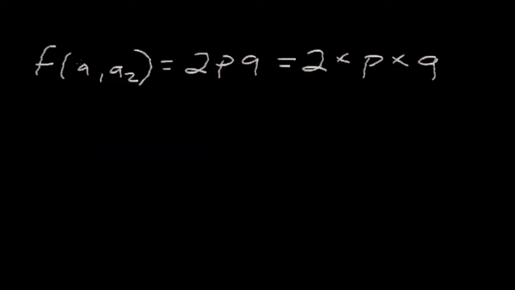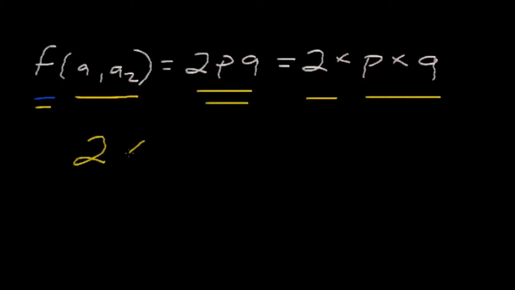So let's look at the next genotype. What is the frequency then of our A1, A2 genotype? Remember from the equation, that's represented by the term 2pq. So that's 2 times p times q.